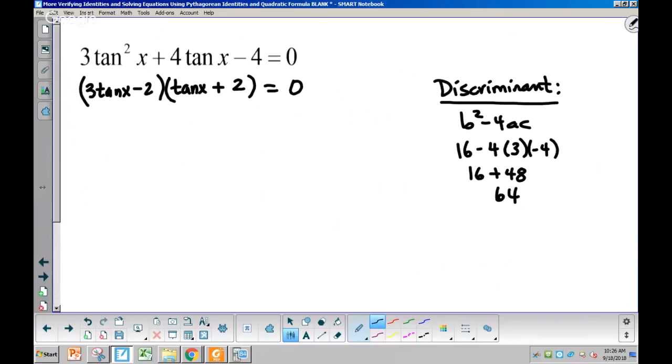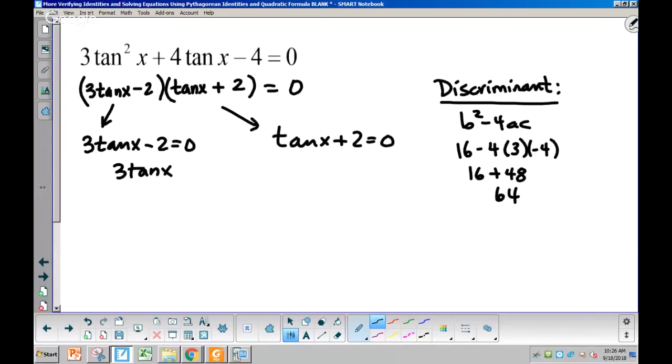All right, so now I have 2 solutions here. I have 3 tangent x minus 2 equals 0, or I have the tangent of x plus 2 equals 0. So let's do this first one. We get 3 tan x equals 2. Tan x equals 2 over 3. And then I say, okay, well, what quadrants is the tangent positive? 1 and 3, good.